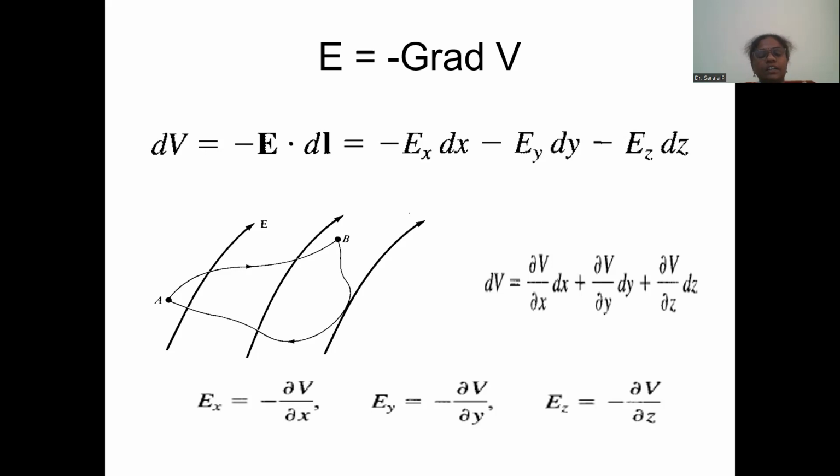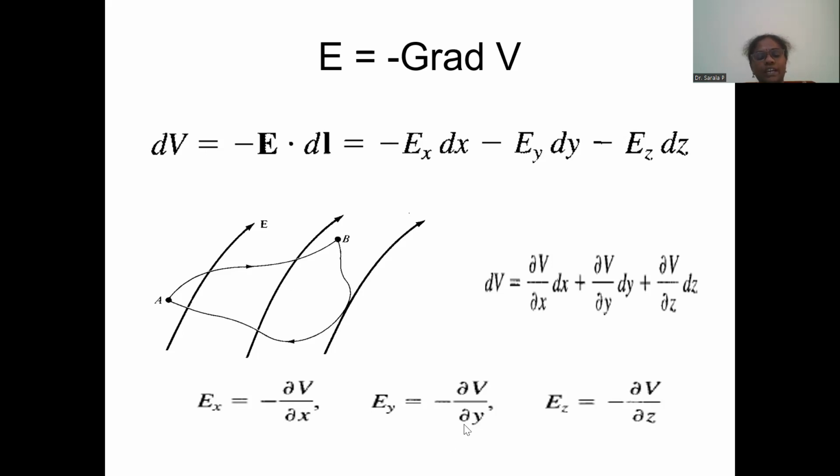Now if we take the potential difference, dV is equal to ∂V/∂x dx plus ∂V/∂y dy plus ∂V/∂z dz. If we compare this dV value and this E value, then ∂V/∂x is minus E_x, ∂V/∂y is minus E_y, and ∂V/∂z is minus E_z.